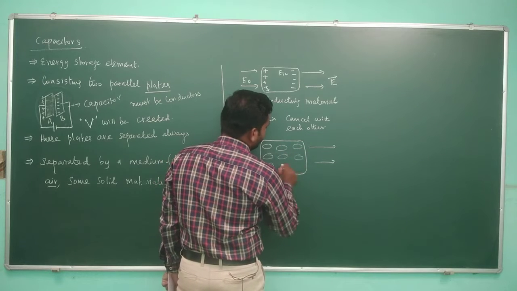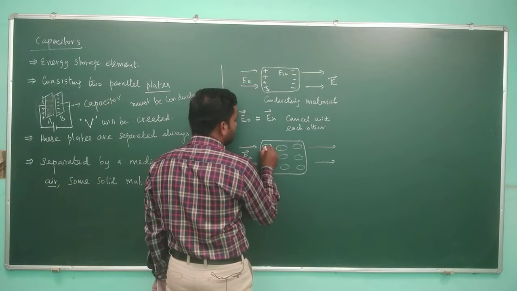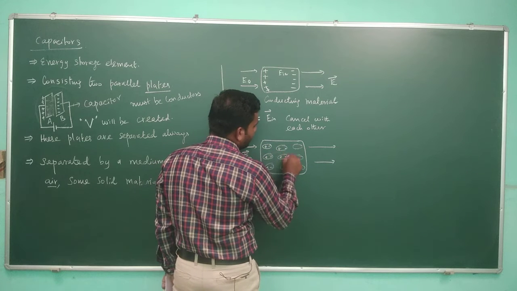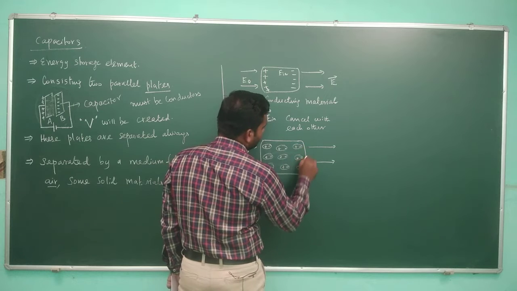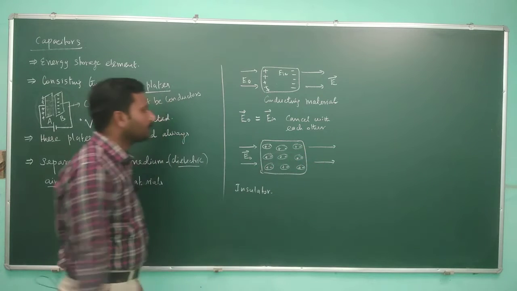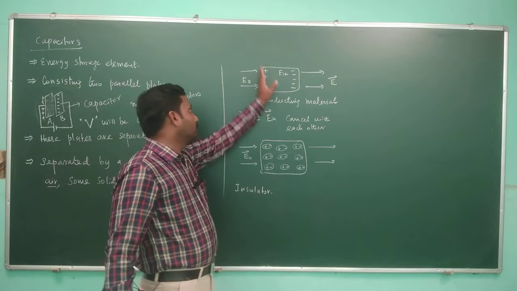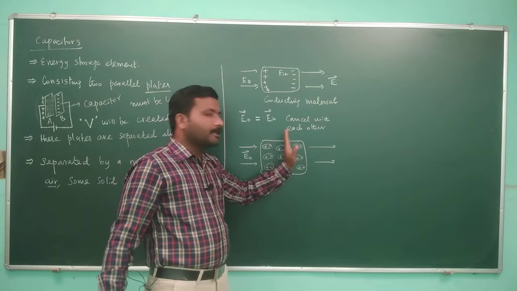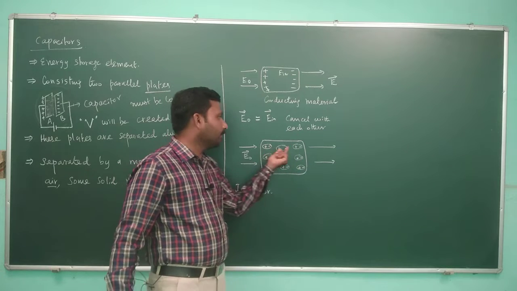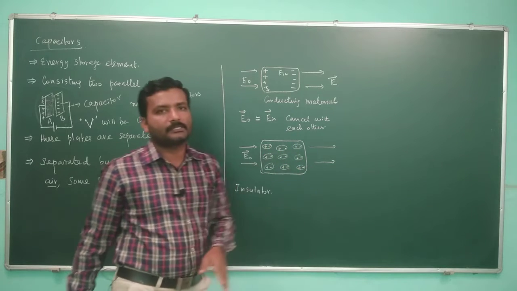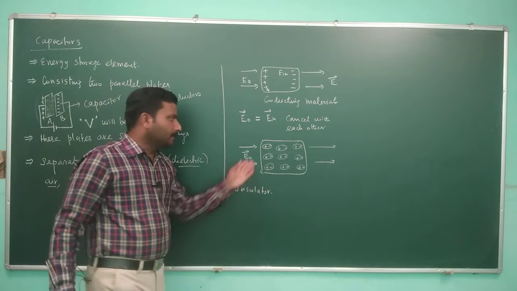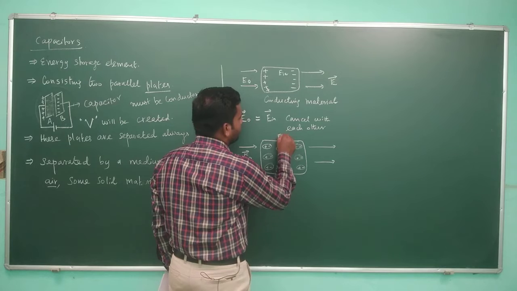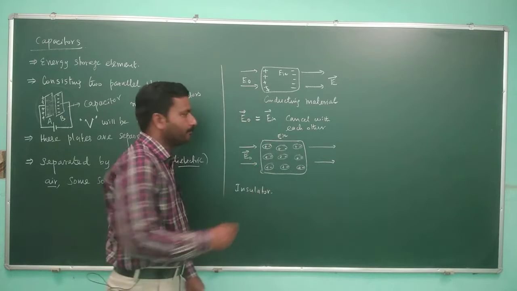Assume that these are the molecules. Here it will align like this: positive, negative, positive, negative. All positive charges are locally aligned on the left side of individual molecules, while the negative charges are aligned on the right side. Hence, the field inside will not equal the field outside.